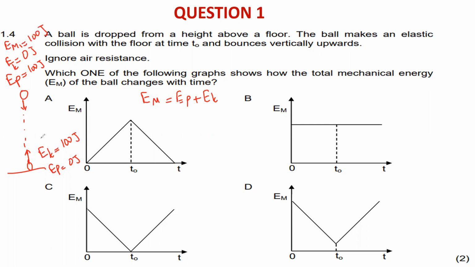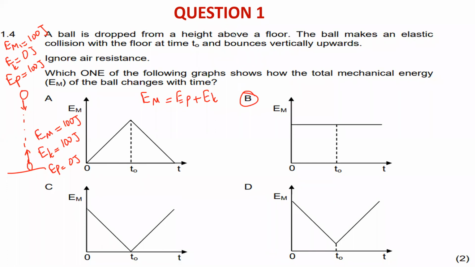We are just using numbers, but it's fine just to understand. K plus EP is equal to 100 joules. As you see, from 0 to T0, the first time it hits the ground, and then from T0 to the final one, mechanical energy is still the same. So mechanical energy is constant.